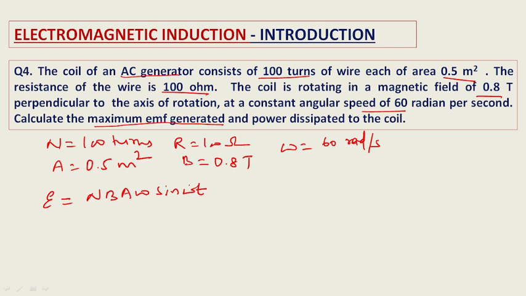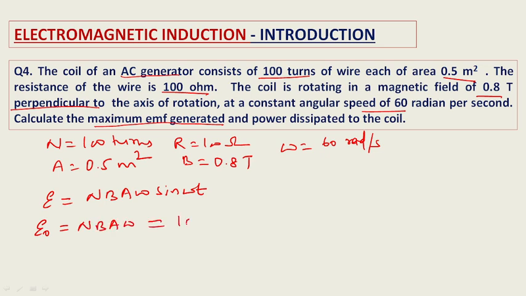NBA omega sin omega t is the EMF. For maximum EMF, sin omega t will be equal to 1. See here, perpendicular to the axis of rotation means omega t is 90 degree, and sin 90 degree is equal to 1. So our maximum EMF will become NBA omega.